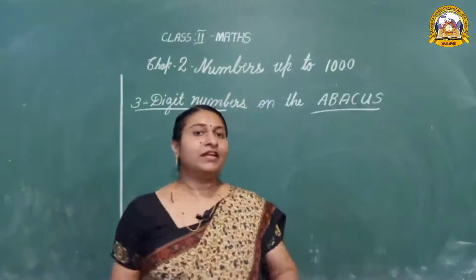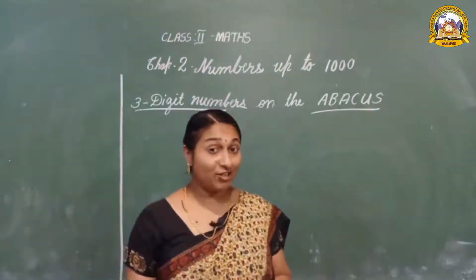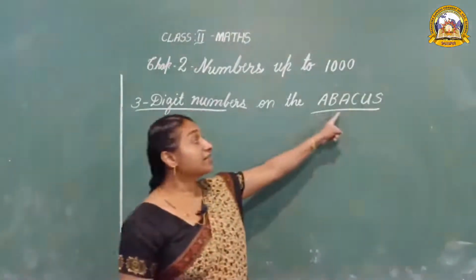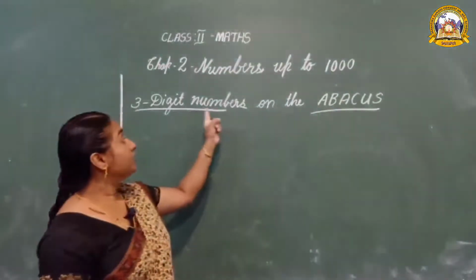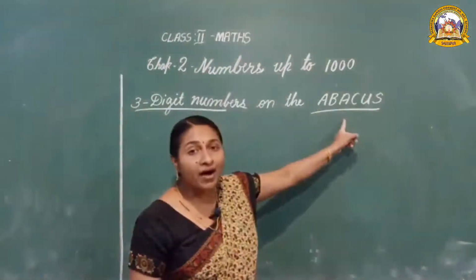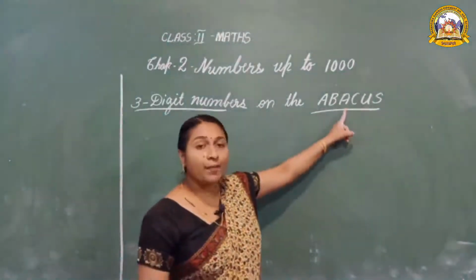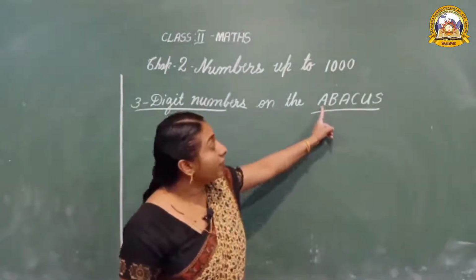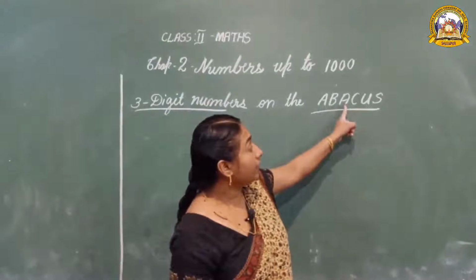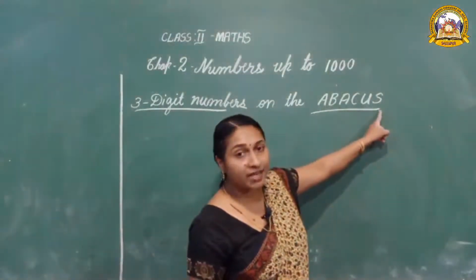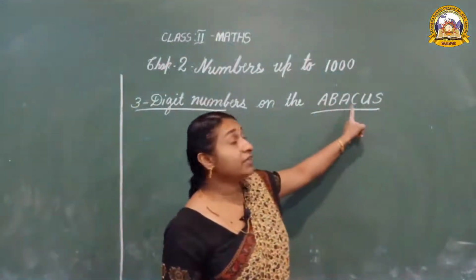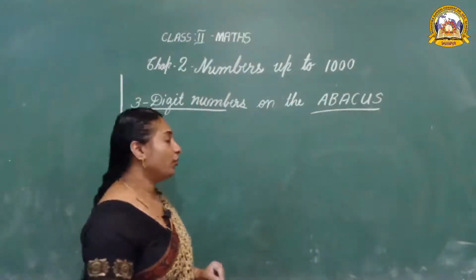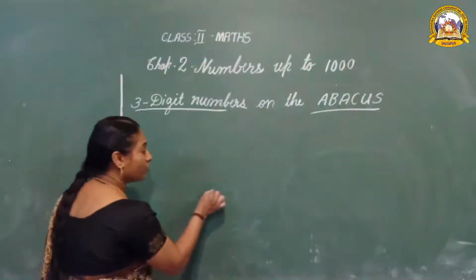Next, let us do the 3-digit numbers on the abacus. What is written here? Spell it: ABACUS. Abacus. Okay. All of you have seen the abacus. All listen.